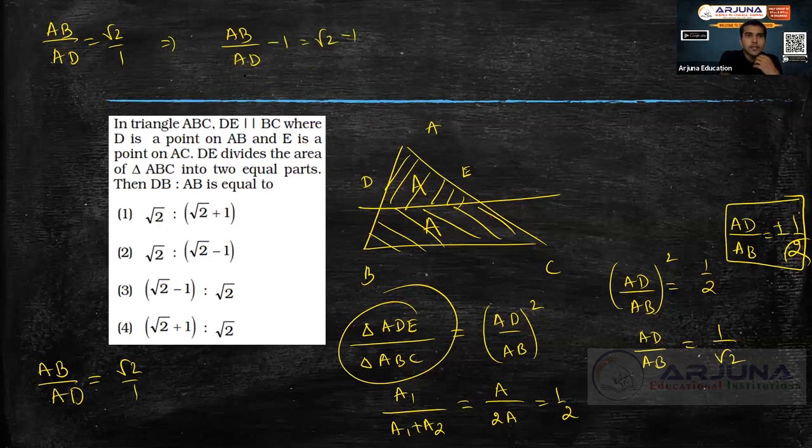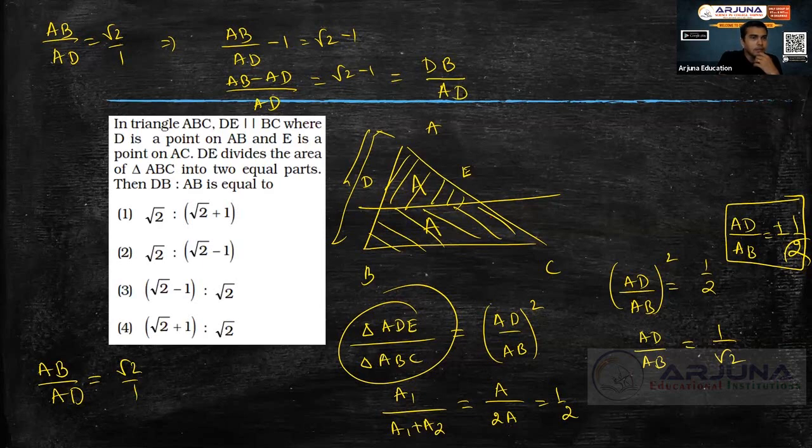And it is going to be AB minus AD divided by AD is equal to root 2 minus 1. Right? What is AB minus AD? AB minus AD is DB. So I will get DB divided by AD. Okay, DB divided by AD I'm getting, right?